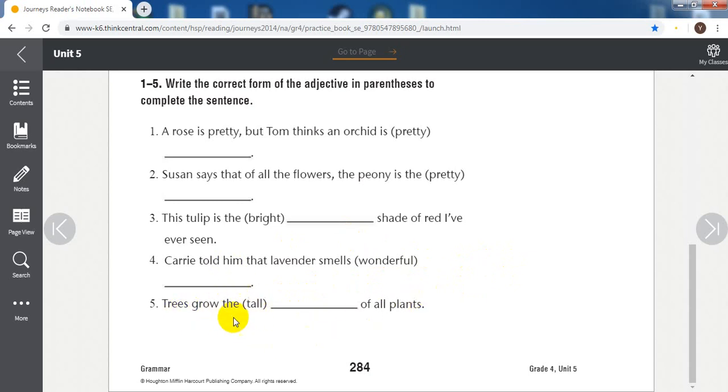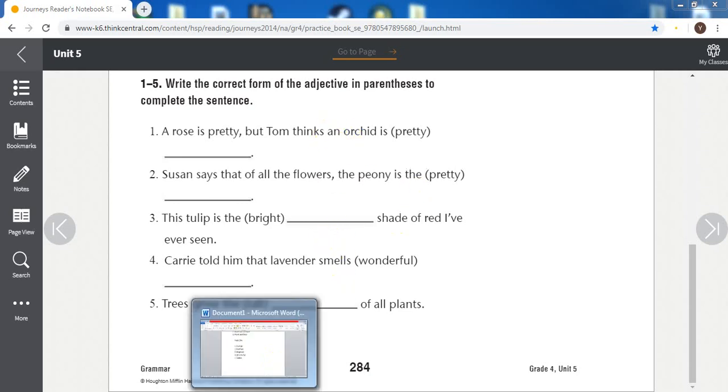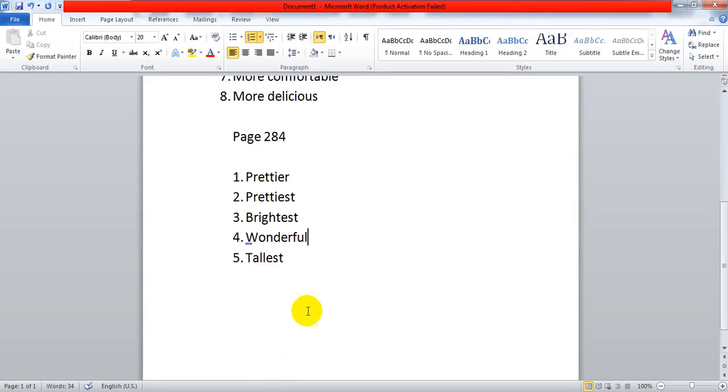Trees grow the tallest of all plants. Yep. The tallest. Great. Okay, so let's take a look at the answers, and I'll let you guys correct your answers using the answer sheet, okay? So from 1 to 5, page 284. Here we go. So number 1, prettier. Number 2, prettiest.